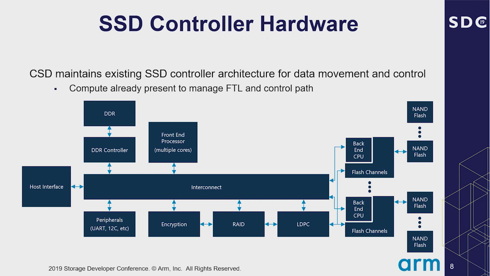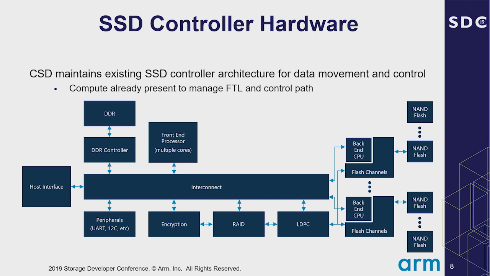All right, so I want to set the framework here with a generic SSD controller hardware block diagram. This is a basic SSD structure that you might have in an ordinary SSD today. You've got a host interface all the way on the left-hand side. You've got some DDR on the device, a front-end processor or multiple processors managing your flash translation layer.